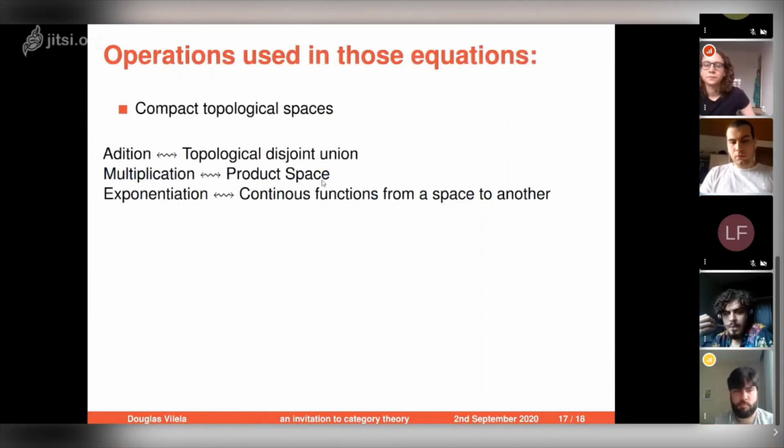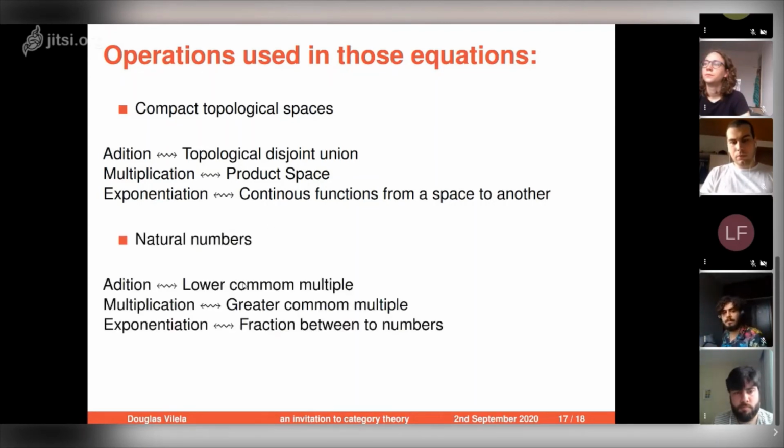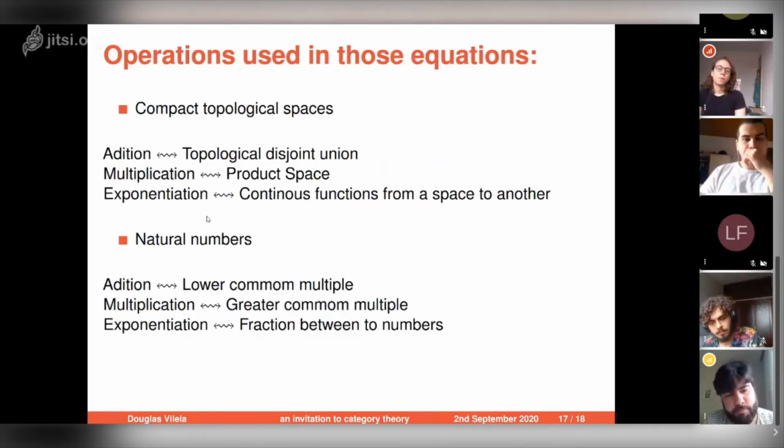So just for explanation, what we use in the topological spaces: the addition is the disjoint union, as I said, the multiplication is the product space, and the exponentiation is the continuous functions from one space to another. And for natural numbers, we use that the addition is like the lowest common multiple, and the multiplication is like the greatest common divisor.